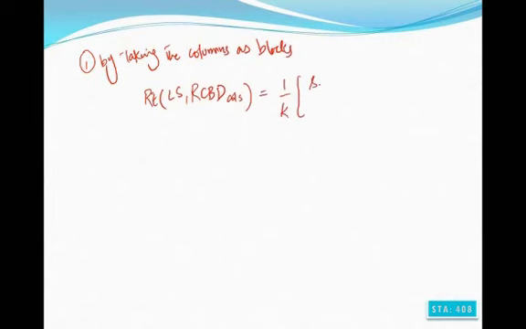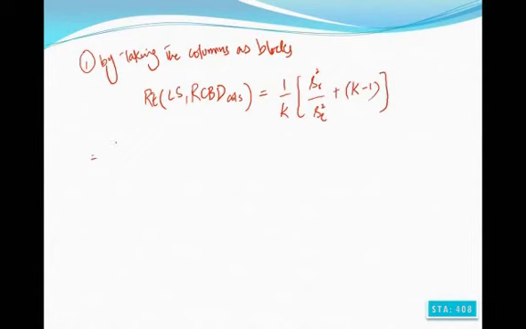The first part is by taking the columns as blocks. Relative efficiency of Latin square design to RCBD by taking columns as blocks. The formula is 1 over k, Sr square over Se square plus k minus 1.